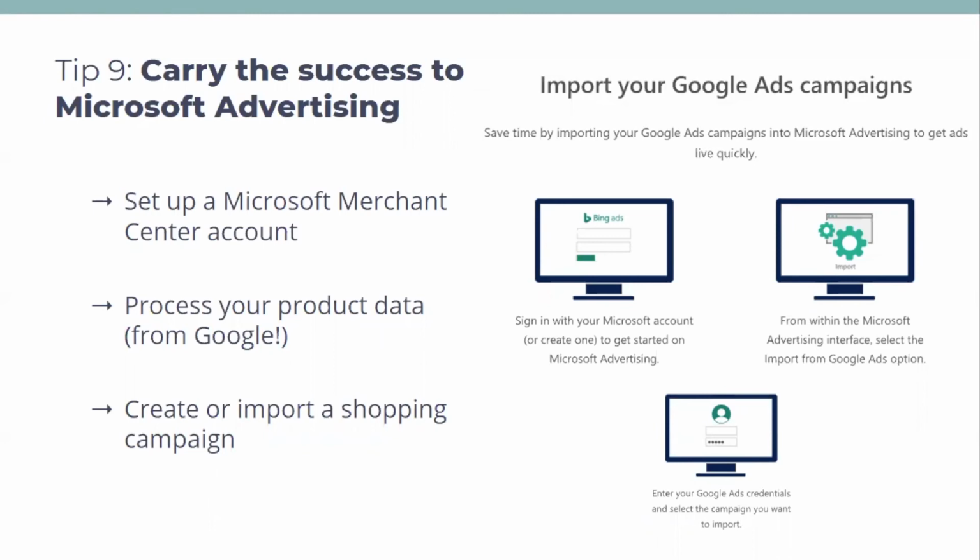Usually you import a campaign, it's in Microsoft, and then you used to have to go to Google and optimize there, then go to Bing and optimize. If you set up a recurring sync, you can optimize in one place and make sure that it's carried over easily. Or you might want to optimize based on the different platform behavior, so that might not be an advantage. It is an option though.